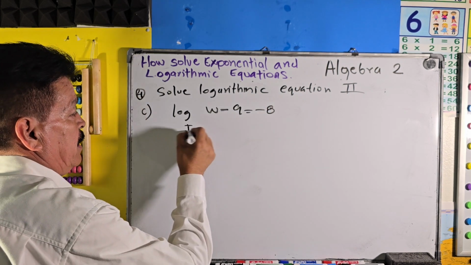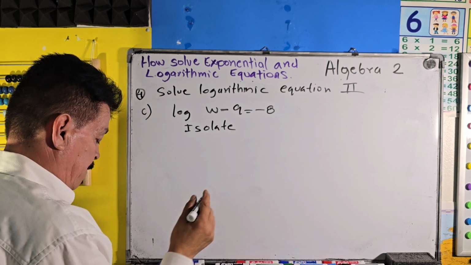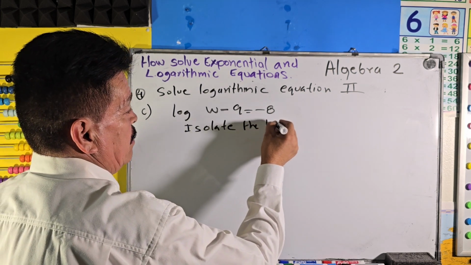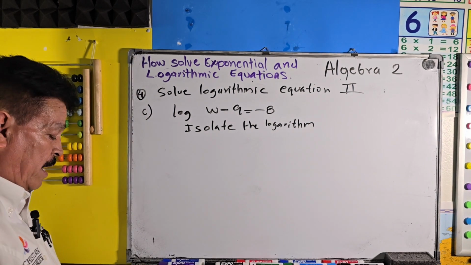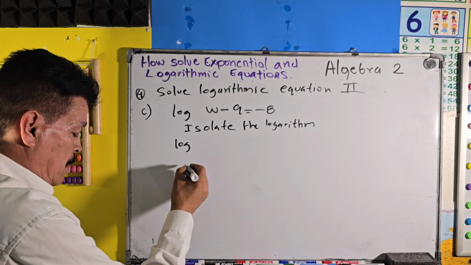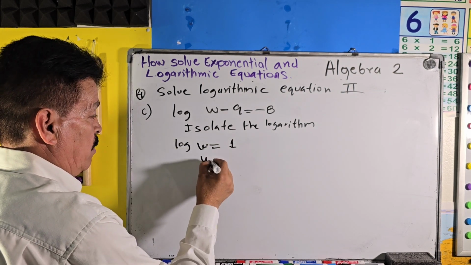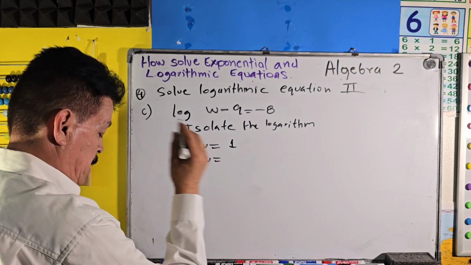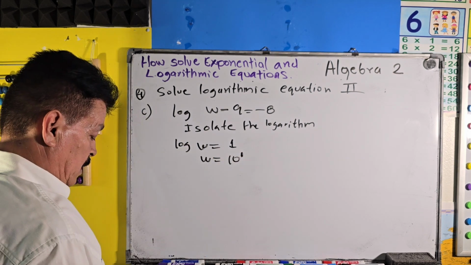So now isolate the logarithm. If you do that, we will have log w equals 1. So w equals 10, remember, the base b is always 10.